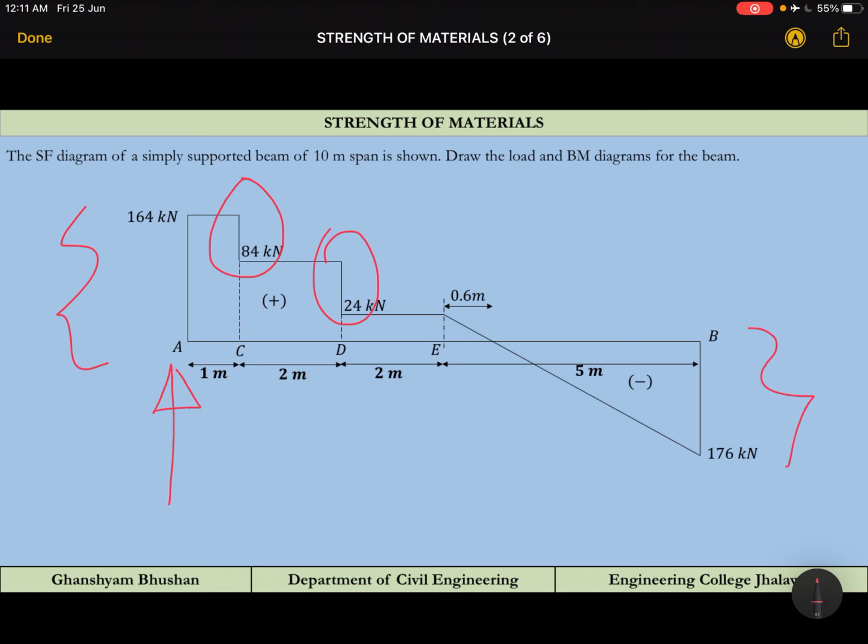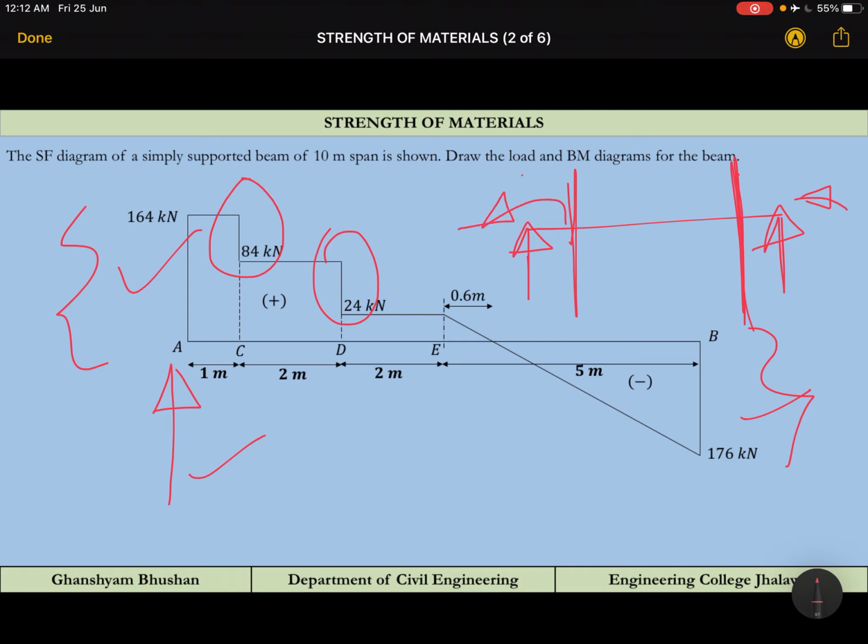Here it is positive, here it is negative. If we cut the section here, on the left hand side, it will give positive shear, and this will give negative shear.